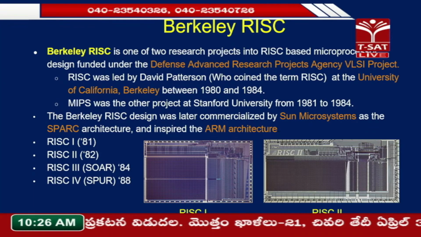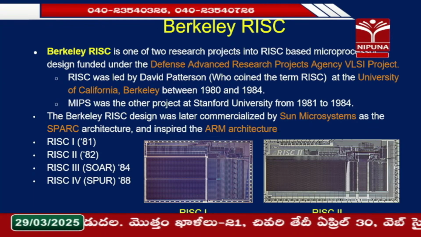ARM was a small company, actually called Acorn Computers in the UK. They looked at all this effort at Berkeley and said, okay, we'll start a new company called Acorn RISC Machine, and that became ARM. So these are two big efforts that came out of those things.